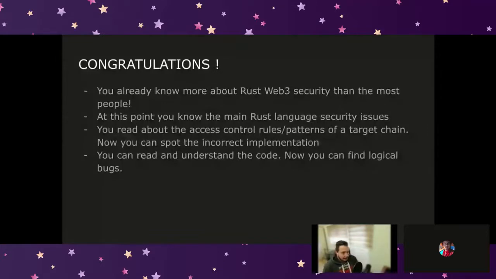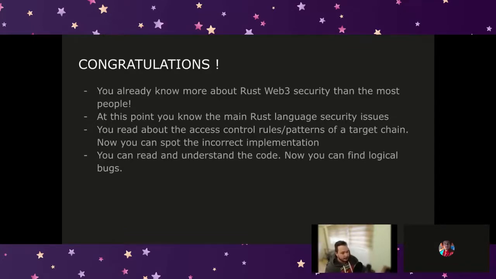Imagine at this point you learned the basic Rust security issues, like integer overflows, casting overflows, etc. Then you already know how to find access control bugs in your chain, and you're comfortable reading and understanding the code, so you can find the logical bugs. So amazing, you're already doing a great job.